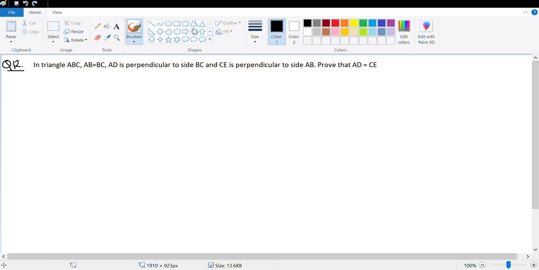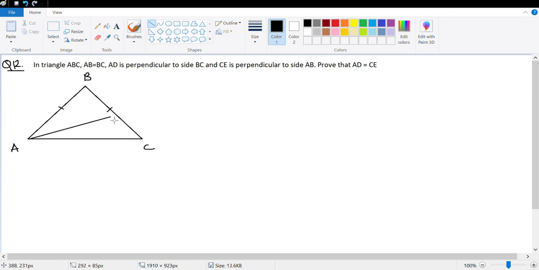Okay, so let's try and draw a rough diagram first. This is my triangle where AB and BC. So this is B, this is A, this is C. AB and BC are equal. These two sides are equal, and AD is perpendicular to BC, somewhere here.